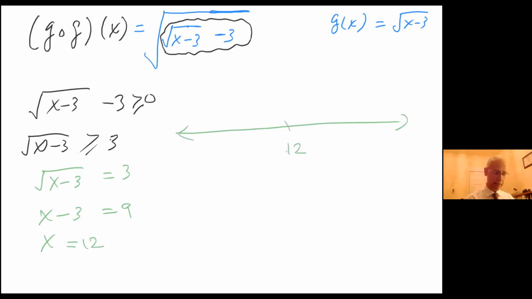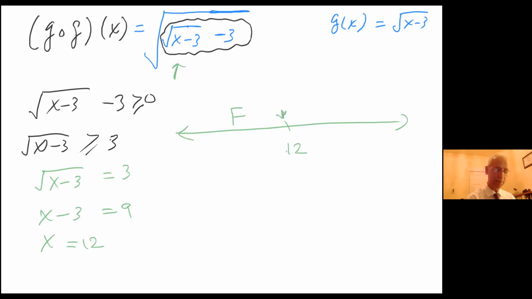If I pick a number to the left of 12, let's say 0, and I plug that in here, that's not going to work because I'm going to get the square root of negative 3. So to the left of 12, I don't have any solution. How about 12 itself?